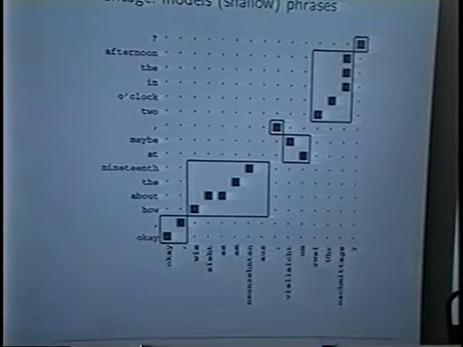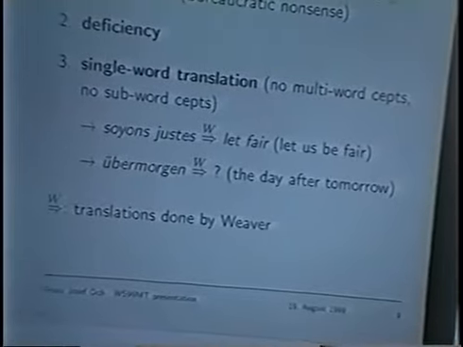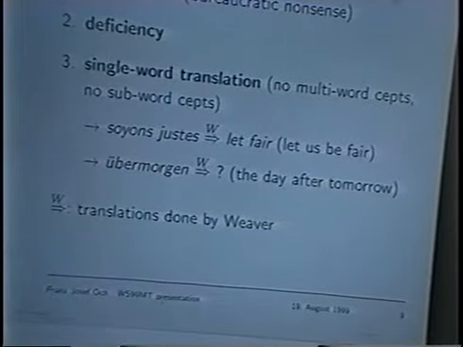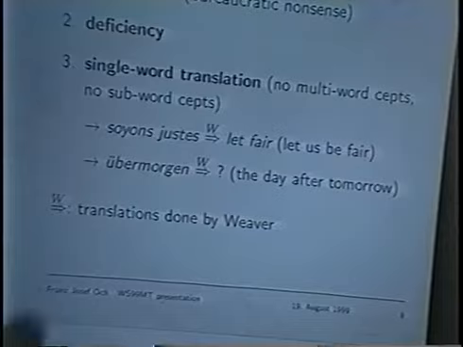And using this, it's very often much easier to translate idiomatic expressions. So for the alignment template system, for example, these translations are not a problem. And the same is for some of these, because they are simply treated as a unit and translated as a unit, and then it's possible to make these reorderings.